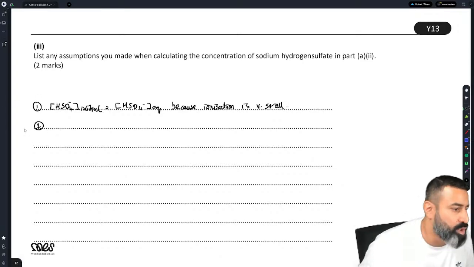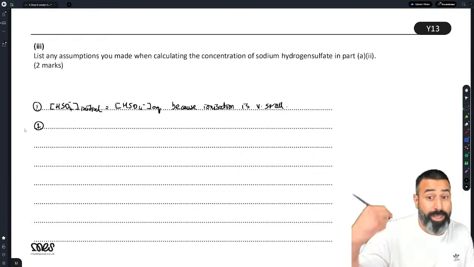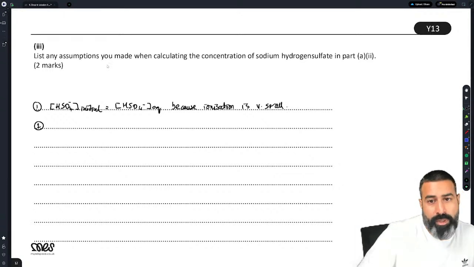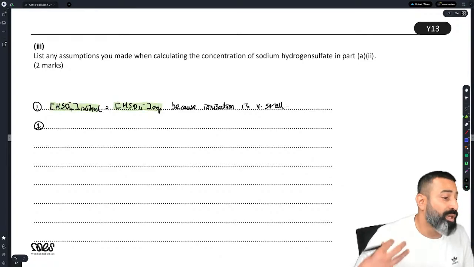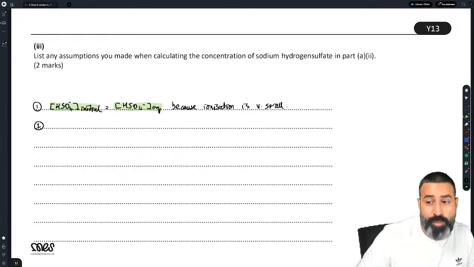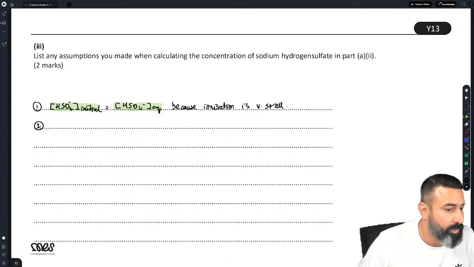And what's assumption number 2? It's a weak acid. So what we can assume in a weak acid is that my initial acid concentration is the same as my equilibrium acid concentration because it's a really small extent of dissociation. Yeah, absolutely.